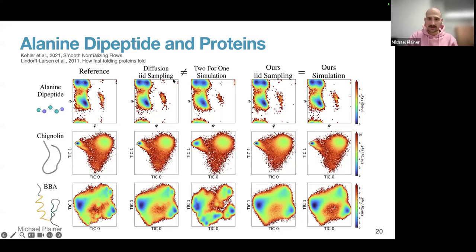Then we have two blocks, where we compare standard diffusion models, like existing models, and then our approach. On the left and on the right are two ways in which we can generate the samples. One is diffusion sampling, the generative process we all know, going from noise to Gaussians.